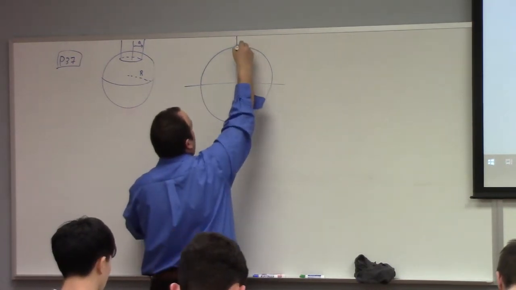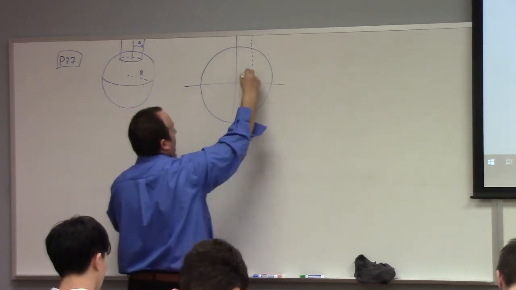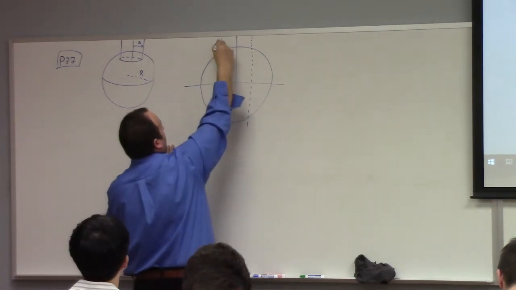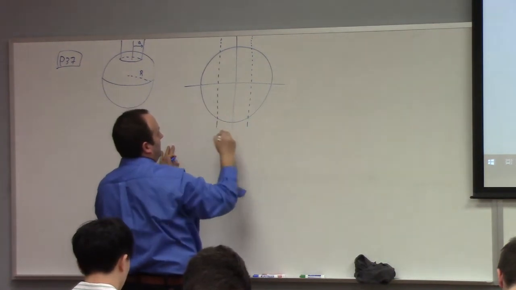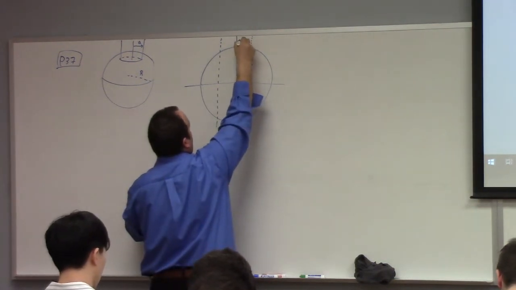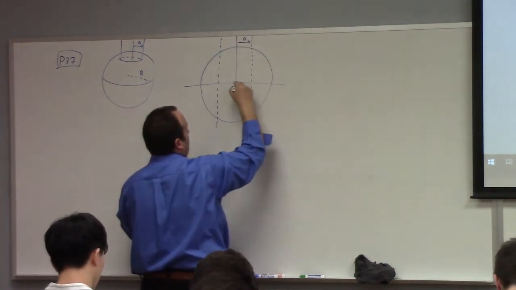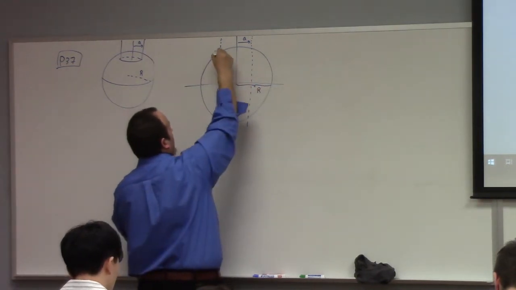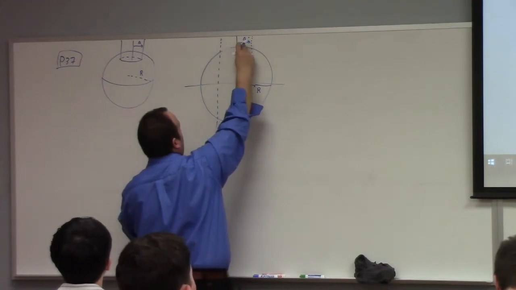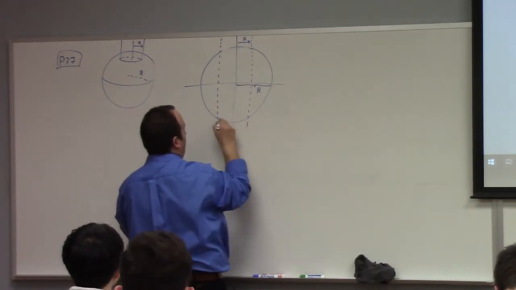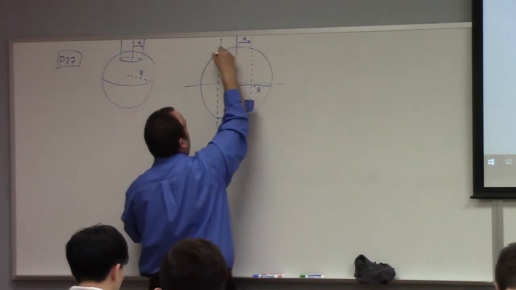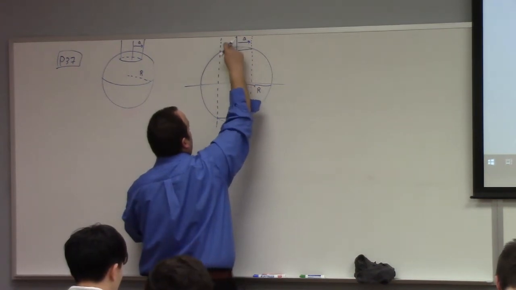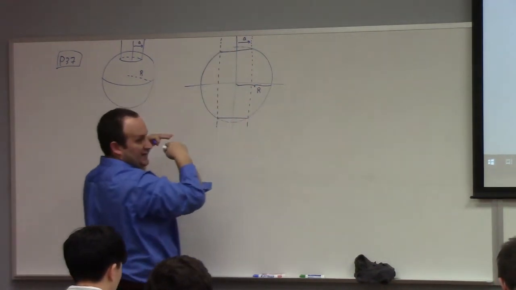So the hole would be something like this. So here's A, and here's R. So basically, you've cut off the top.